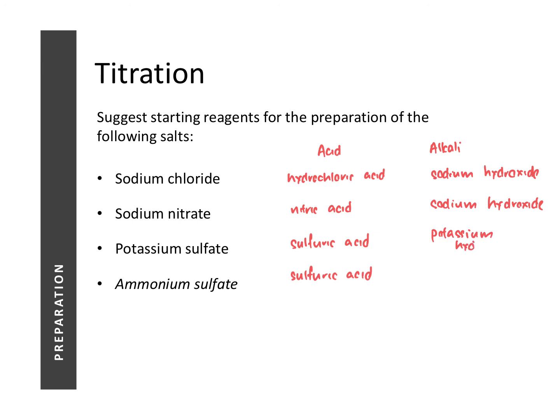And lastly, this one is slightly more tricky, ammonium sulfate. You may be tempted to think that the alkali is ammonium hydroxide, but we don't usually use that name, if you can recall. Ammonium hydroxide is actually aqueous ammonia. So once again, for the titration method, we need to use an acid mixed with an alkali.